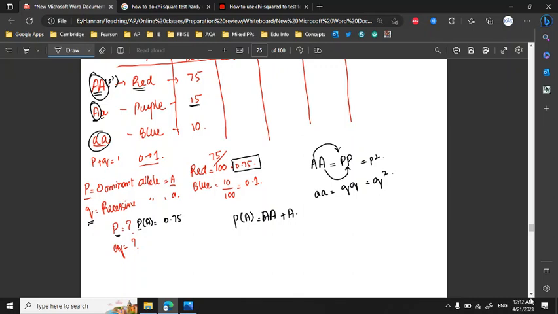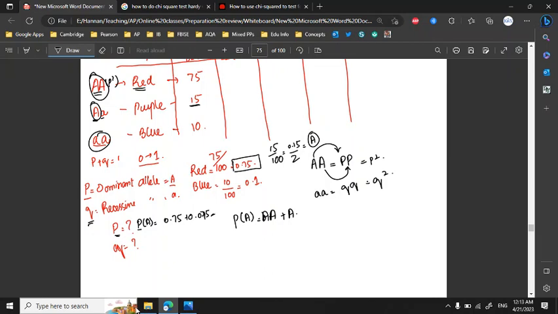So 0.75 plus 0.075, because if I divide 15 by 100, it would be 0.15, and then dividing it by 2, it would become 0.075, because I have to only present the A, not the small a along with it.